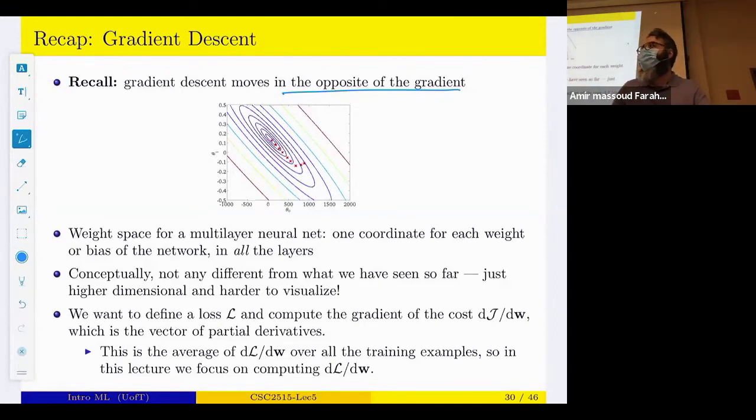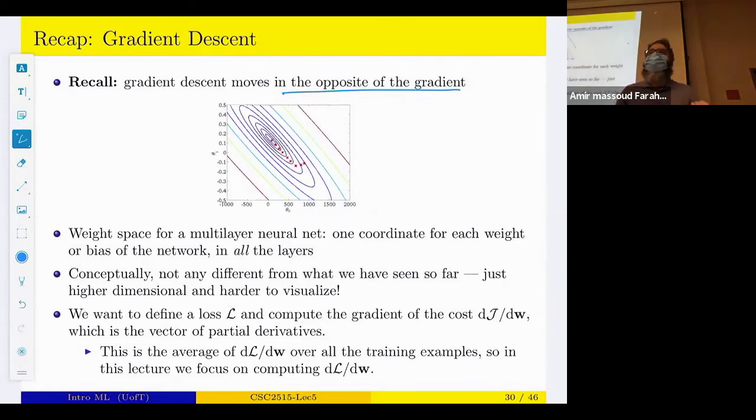Gradient of the loss function. So the high level idea is that we compute the loss function or the cost function. We compute the gradient of it with respect to each of the weights of the neural network and just move in the opposite direction. And that leads to a decrease in the cost function. So this is just how we should train them.